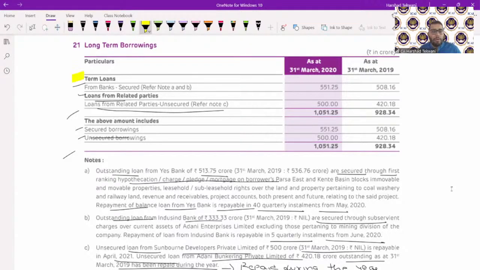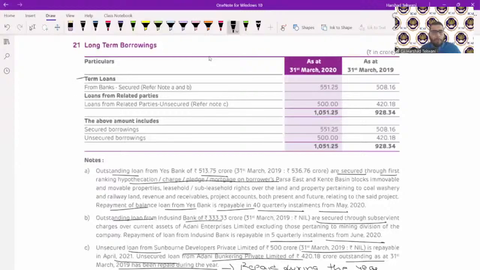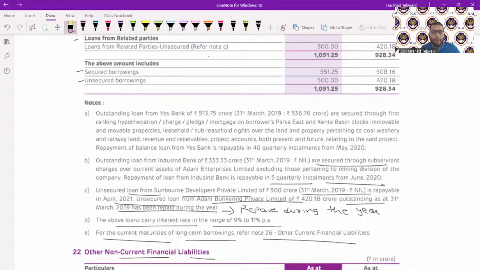See, term loans, loans from related parties, whether secured or unsecured, the detail is given. Then you can see over here that details are provided with respect to their security and their repayment, all those details are provided over here.